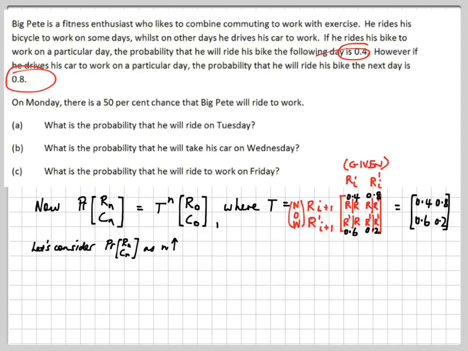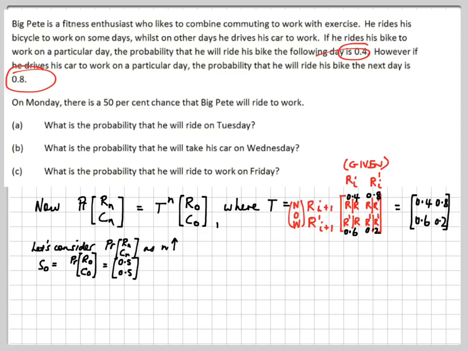Okay, now we're going to consider what happens to the state matrix of Big Pete's situation after n transitions as n goes up. And fasten your seatbelts. This is very fascinating. We know that the initial state matrix was half and half, wasn't it?